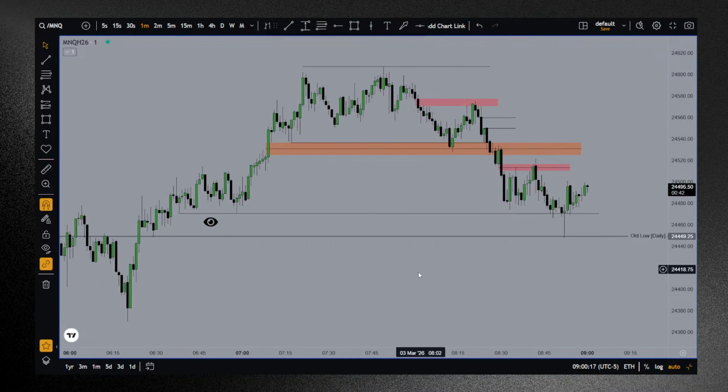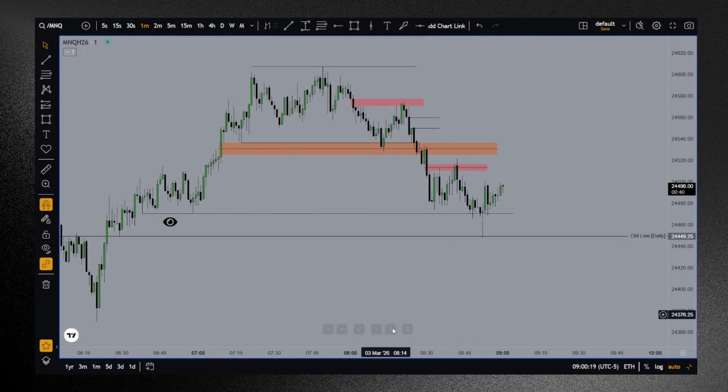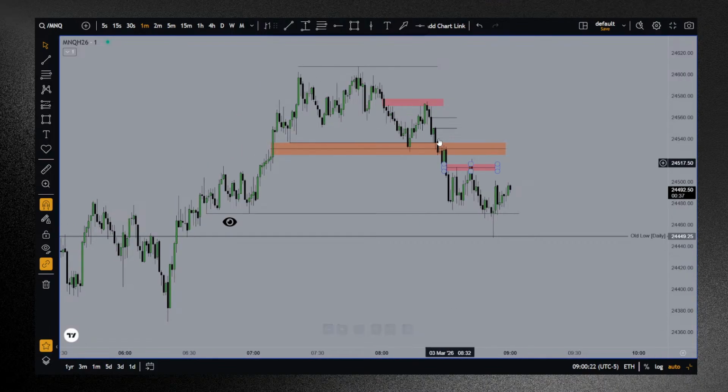All right, so we can do the markups before the 9:30 as it is right now.